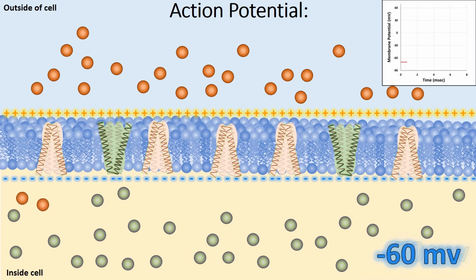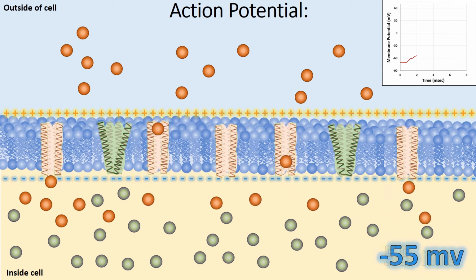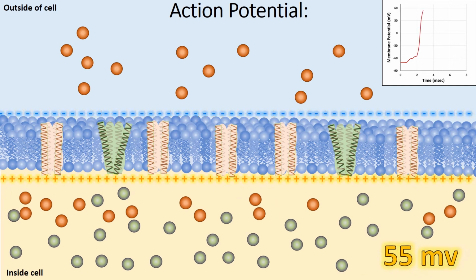So, to sum things up, we have our action potential, which involves sodium moving into an area. Once it moves into that area, it causes an initial depolarization. Once that depolarization reaches the threshold, it will initiate first the influx of sodium through the voltage-gated sodium channels.